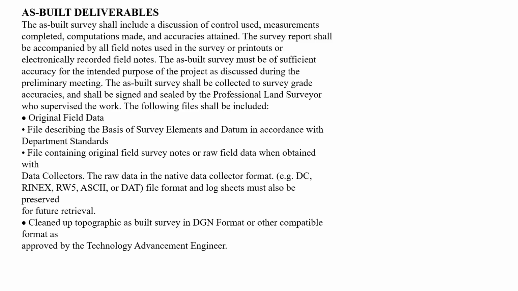The as-built survey must be of sufficient accuracy for the intended purpose of the project as discussed during the preliminary meetings. The as-built survey shall be collected to survey grade accuracies and shall be signed and sealed by the professional land surveyor who supervises the work.